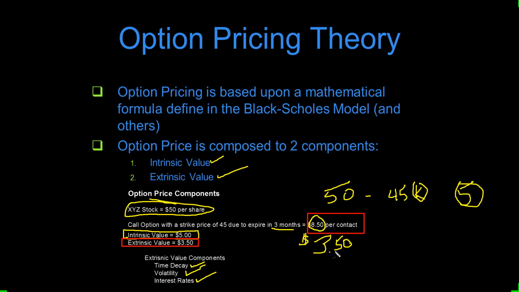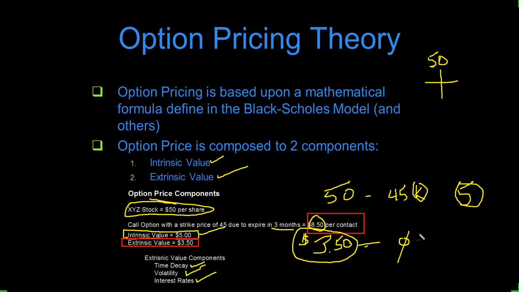Okay, so we know that this $3.50, in let's say a theoretical, hermetically sealed world, if that price stayed at $50 a share, all right, and it did not move for the next 3 months, and it stayed right there, at the end of 3 months, this $3.50 would be worth zero. And then all you would have left is the intrinsic value of $5.